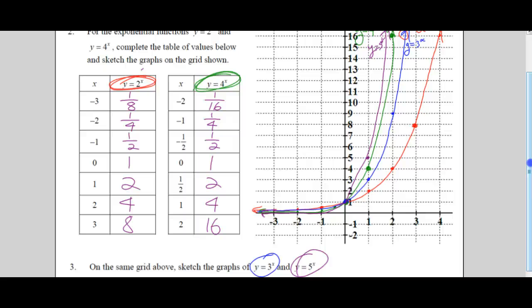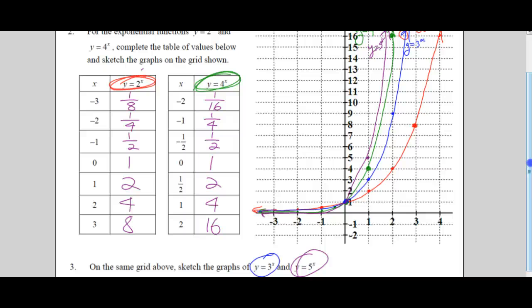And as you go to the right here, your values are getting bigger. The easiest way to do it is just take x at 1: what is it, right? That's 2 to the 1, that's 3 to the 1, that's 4 to the 1, that's 5 to the 1. If we have 10 to the 1, you know, we're here. 10 squared is 100. You go 10 up to 100.